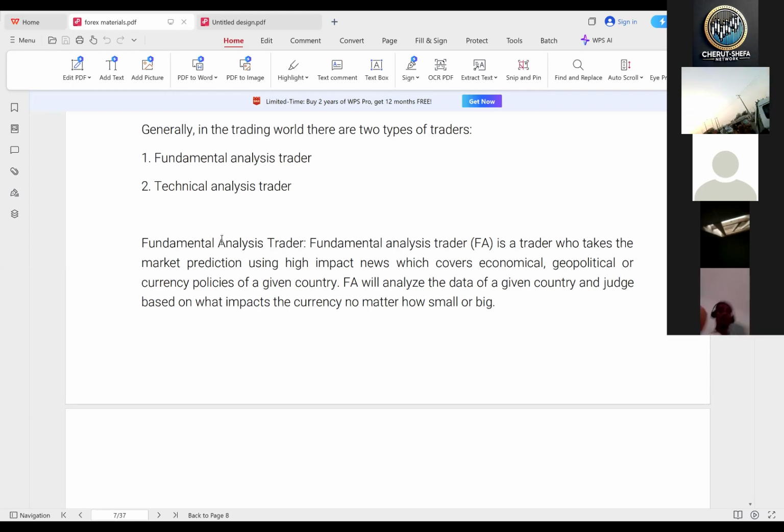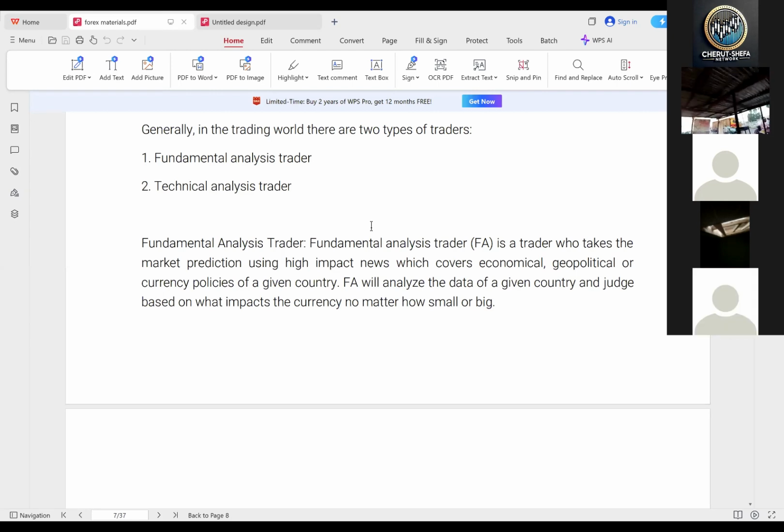So fundamental analysis is trying to understand what is happening. The major events, like whether America is going to announce their interest rate and what the impact of that announcement will be on the market when I'm trading.